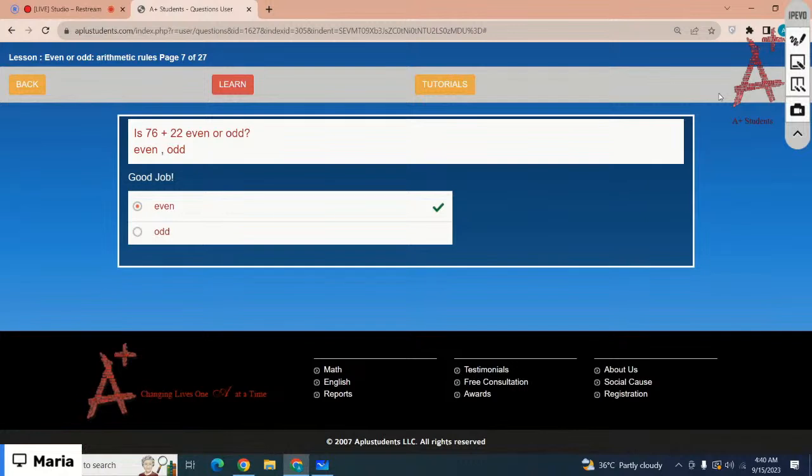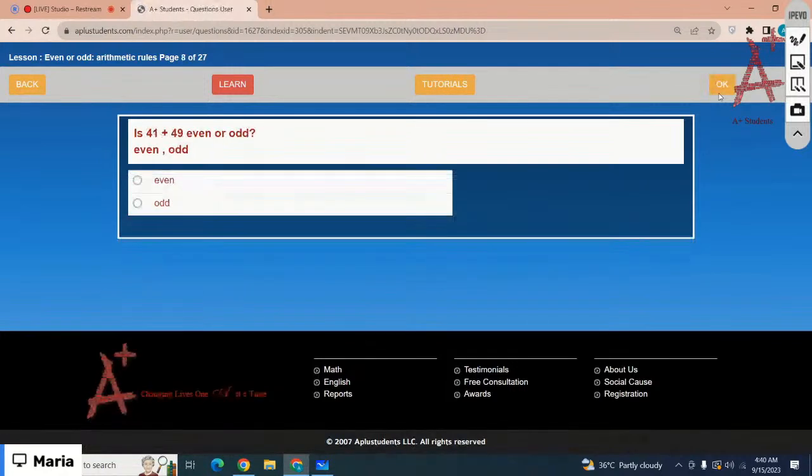You're adding two even numbers, right? Is 41 plus 49 even or odd? It would be even. Very good.